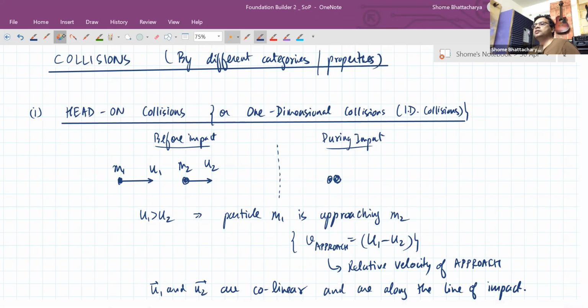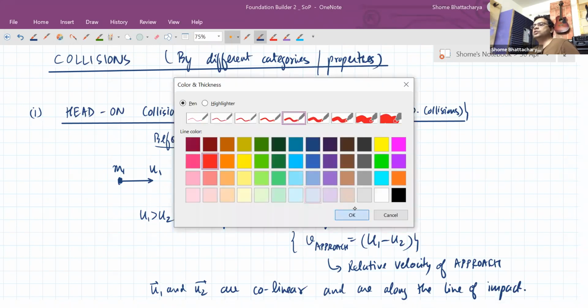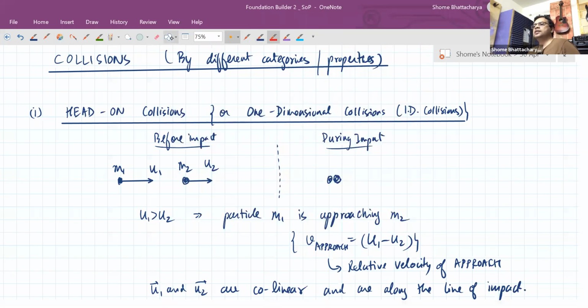They have come in contact, so they will be applying some kind of force on each other. And that will be an equal and opposite force. The force that particle 1 applies on particle 2 will be like this, and the equal and opposite force that 2 applies on 1 will be like this.